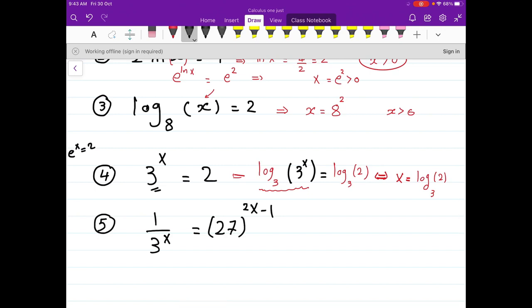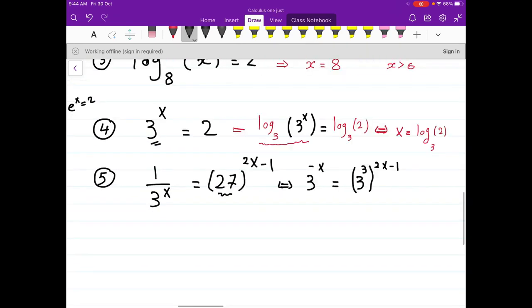Solve this equation. The bases are different, so we can write this equation in the form 3 to the power minus x equals 27, which is equivalent to 3 to the power 2x minus 1.